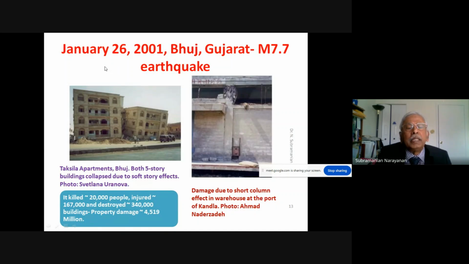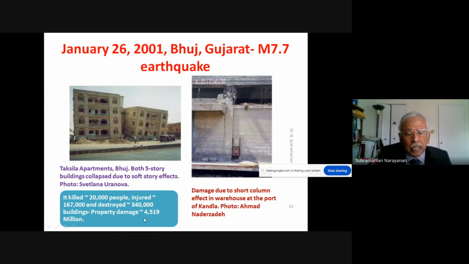So the major recent earthquake in India was the Bhuj earthquake in Gujarat, which was on January 26, 2001. It was an M7.7 earthquake. It killed 20,000 people, injured 167,000, and destroyed 340,000 buildings.